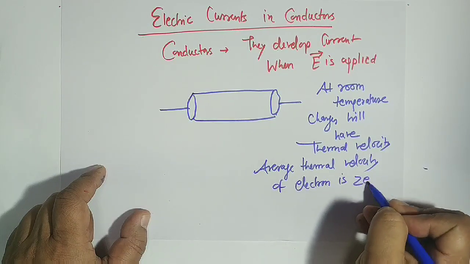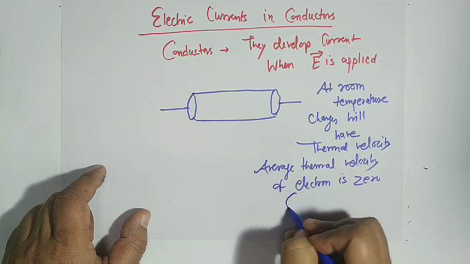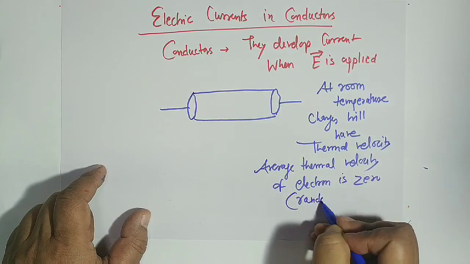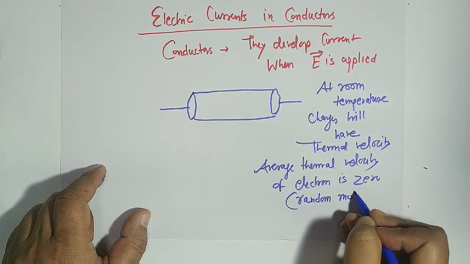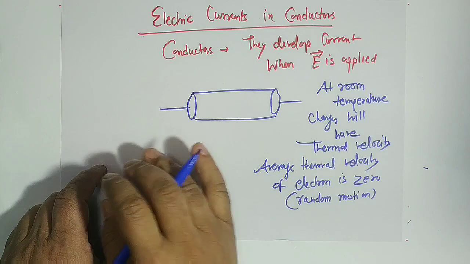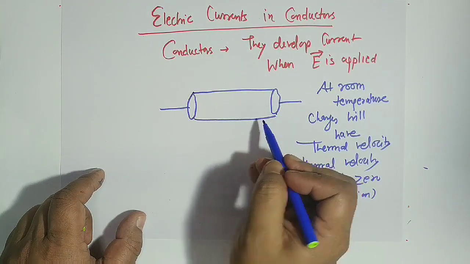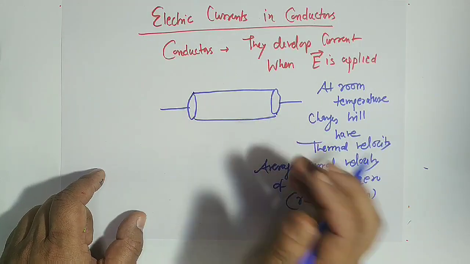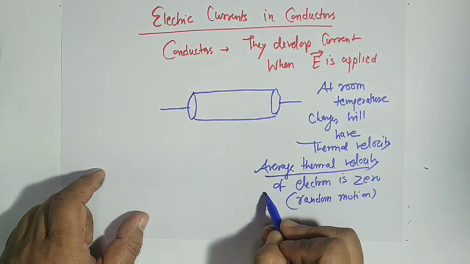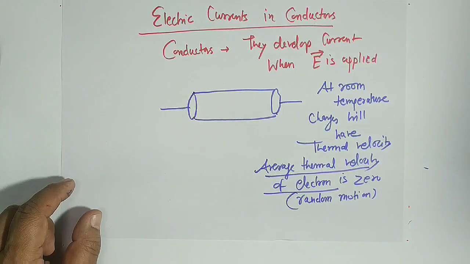Why? Because there is random motion. Because of the randomness, the average value is 0, because whatever is in the forward direction will be in the backward direction due to the temperature. So there is a collision, and the average thermal velocity of the electron is 0. There is no electric field.